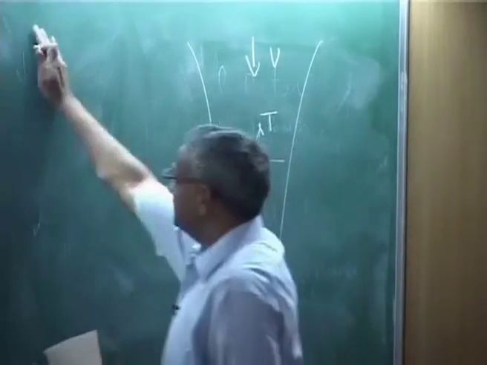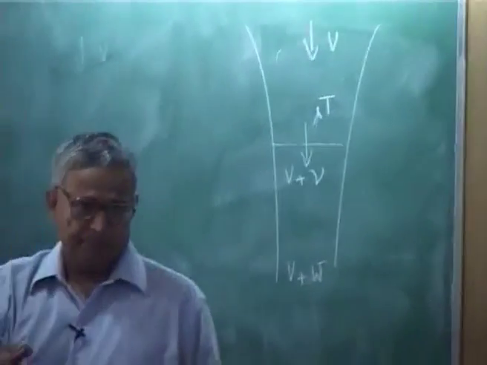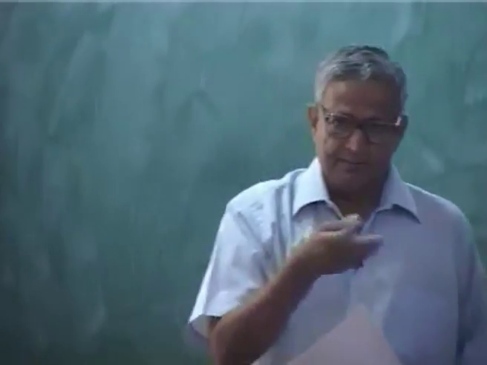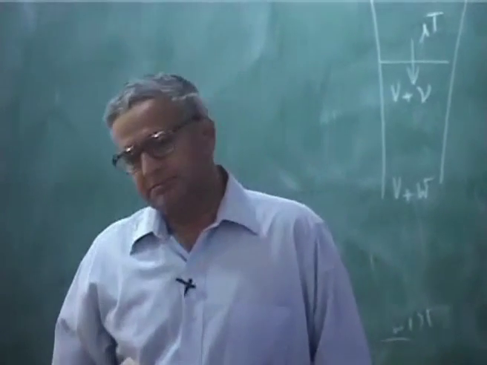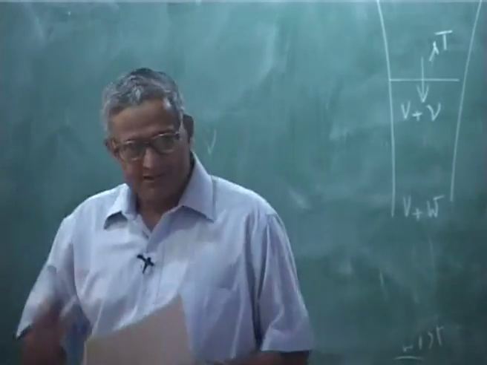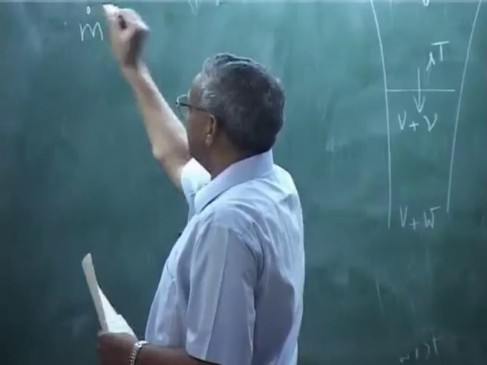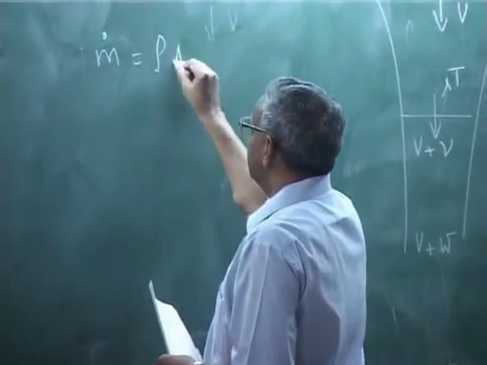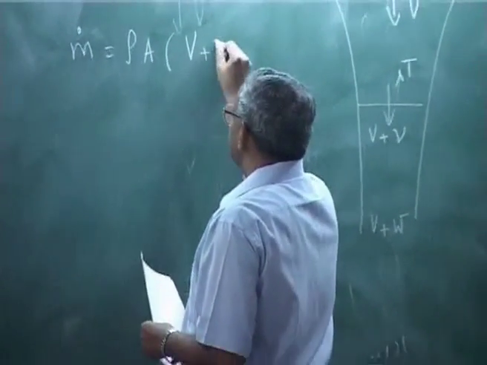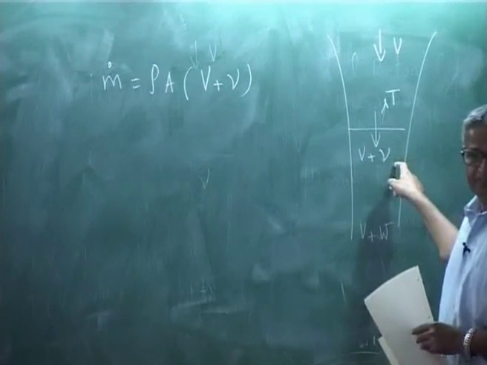Mass flow rate, we use the same mass conservation, momentum conservation and energy conservation, that is all. Only these three basic laws of fluid mechanics. So, m dot, mass flow rate, is rho A into V plus nu, okay, because V plus nu.